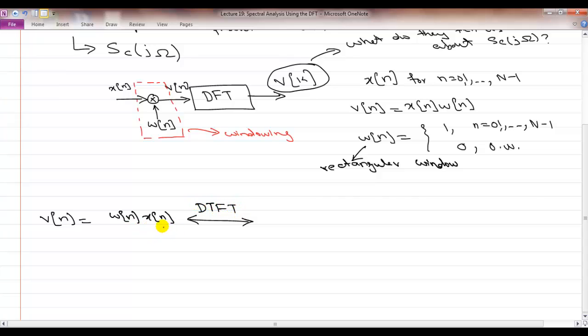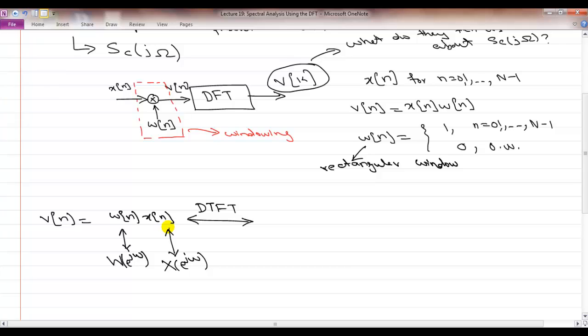We are multiplying two sequences. And let's call the DTFT of W of n as W of e to the j omega. Similarly, let's call the DTFT of X of n as X of e to the j omega. Now, if we multiply two sequences in time, what is the effect of that on the frequencies? We get periodic convolution. Okay?